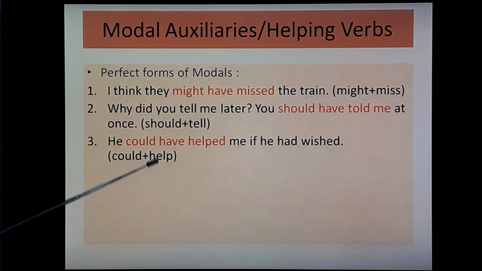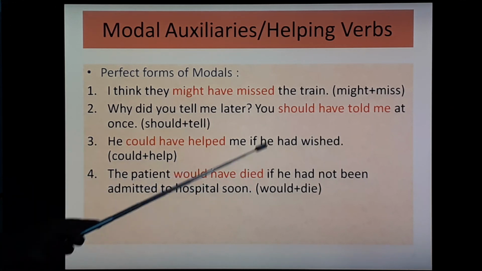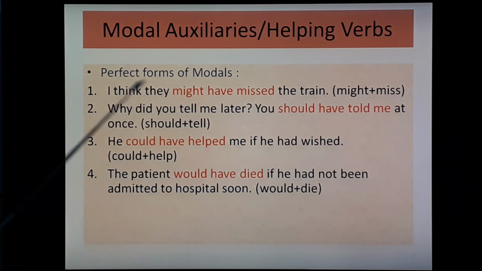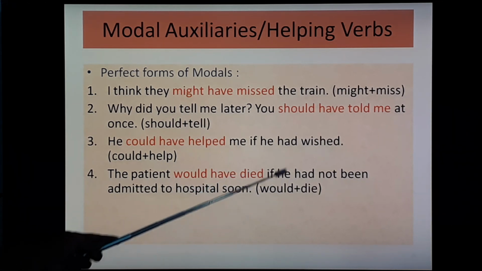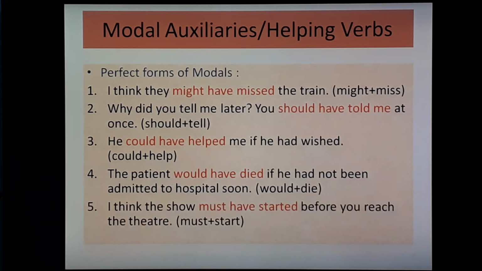Here you have to use perfect form, could have helped. Active voice. Fourth one. The patient would have died if he had not been admitted to hospital soon. In the bracket, would plus die is given. So would have died. Perfect forms.